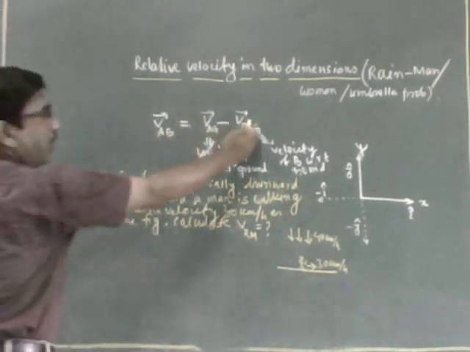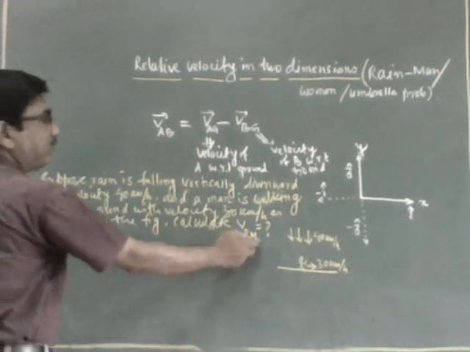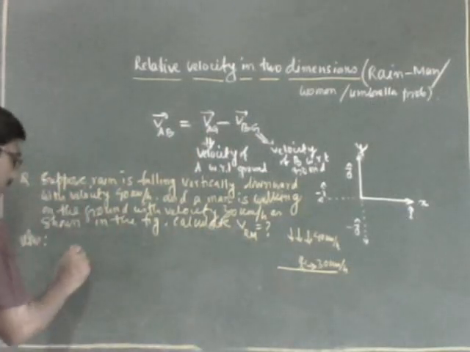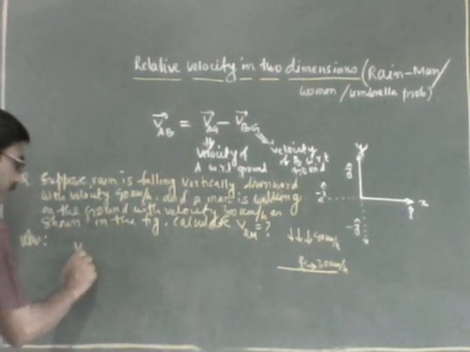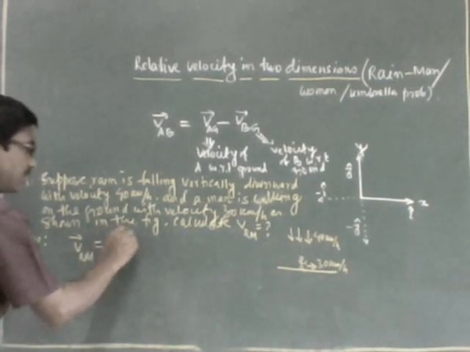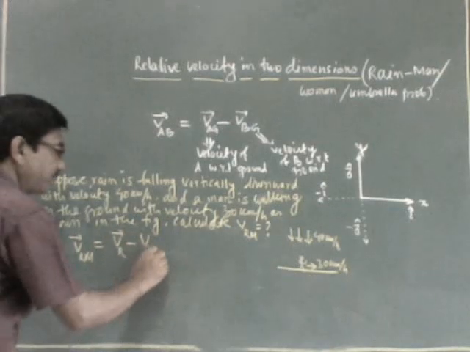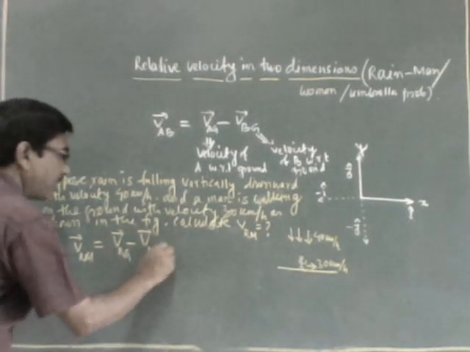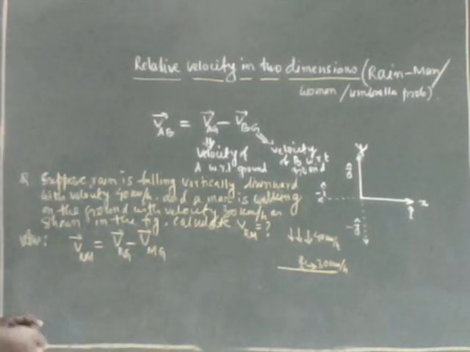Now we know this formula: velocity of rain with respect to man, VRM, is equal to VR minus VM, with respect to ground.